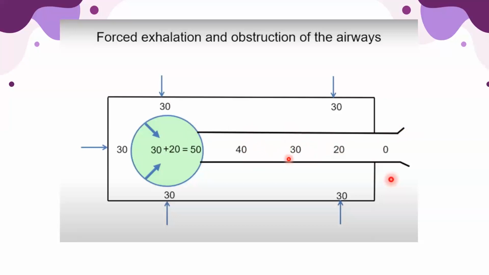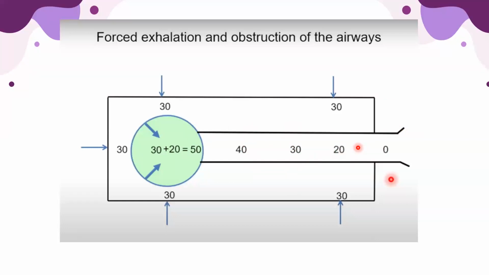Now, at this point, at 30, the transmural pressure difference, the pressure across the wall, is 0. The pressure outside the wall and inside the wall is now the same. After this, the transmural pressure difference will become negative. It'll become -10, okay?